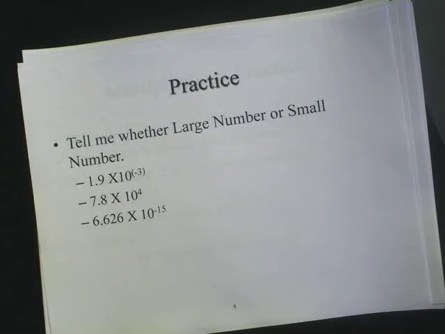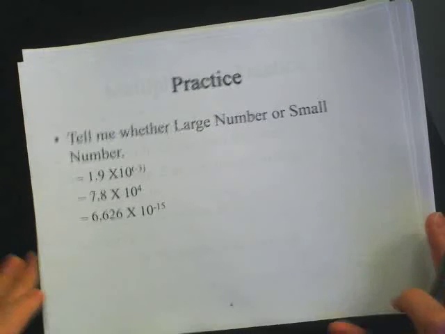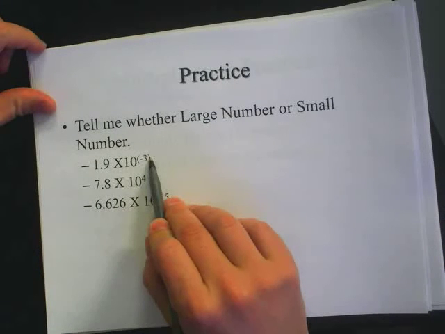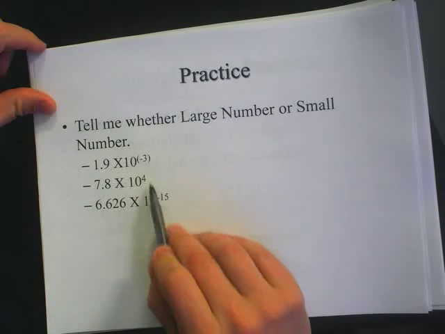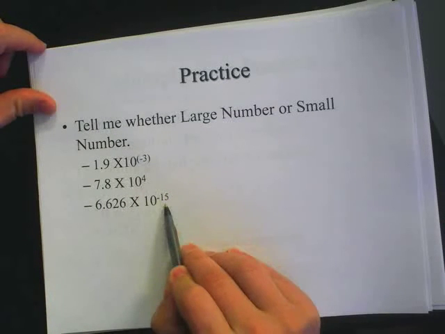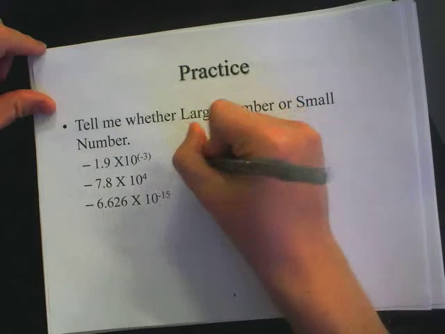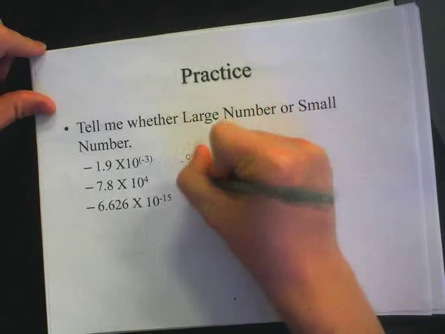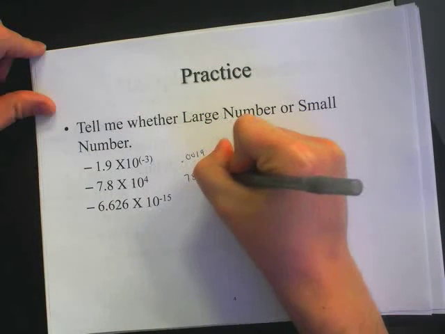Practice, which is the largest or smallest number. That's a small number. That's a large number. That's a very small number. This one would be 0.0019. This one would be 78000.